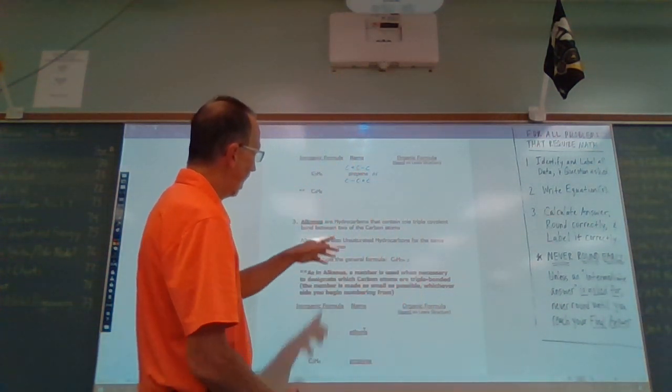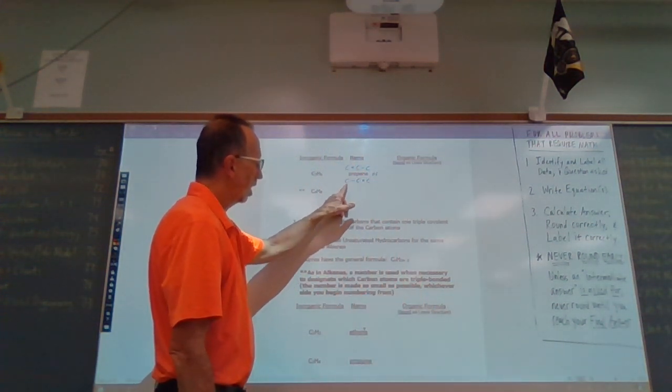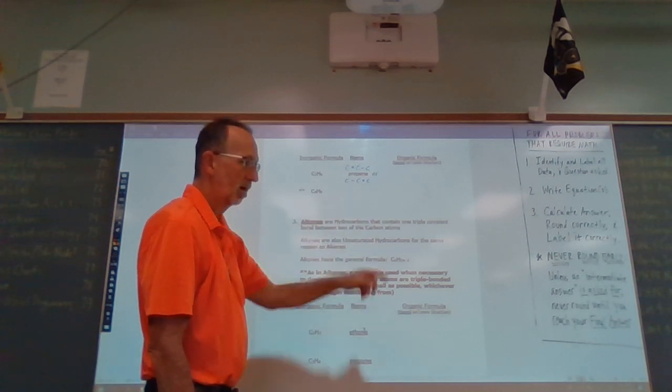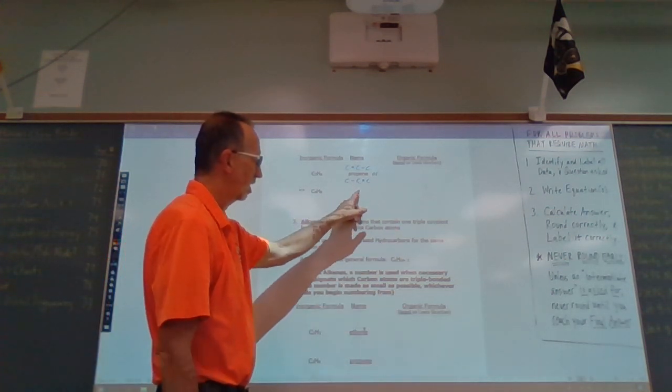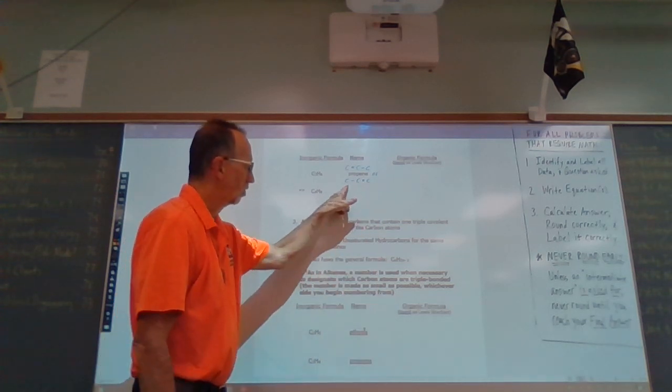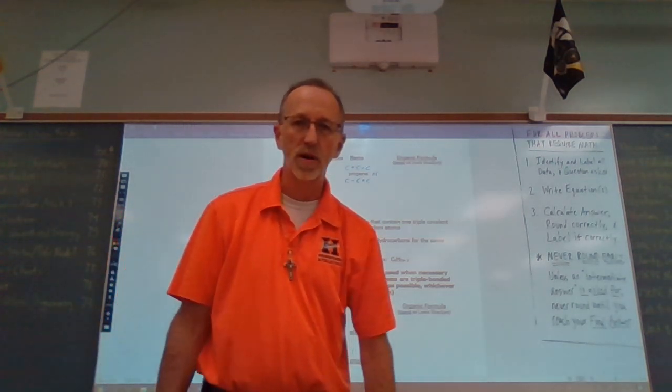So in this case, numbering from left to right, the double bond is between carbons 1 and 2 rather than 2 and 3. But if I draw it the other way and number from left to right, the double bond is between carbons 2 and 3. However, if I number right to left, 1, 2, 3, the double bond is between carbons 1 and 2.